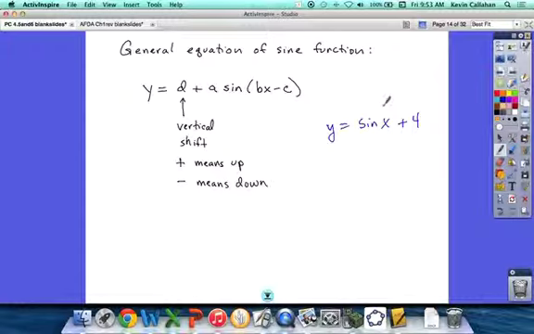So far we've said A affects the amplitude. We defined amplitude. B is period. That gives us the formula, 2 pi over B. D is the vertical shift. And then what do you think is going to happen by adding or subtracting inside the function? Horizontal shift, right? Which was always the effect of adding and subtracting inside the function.